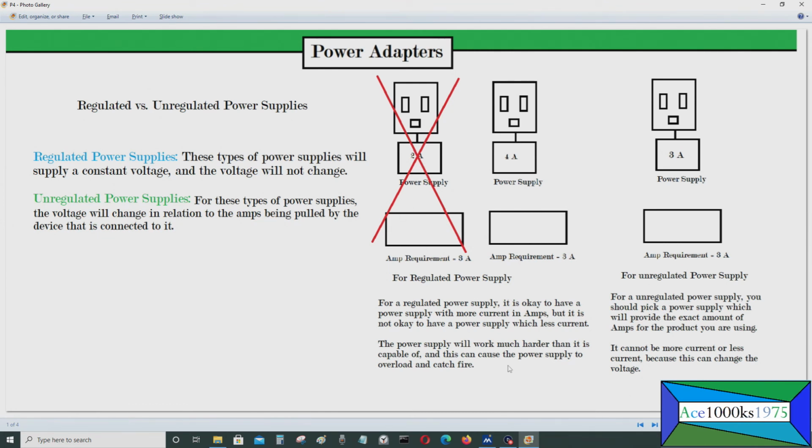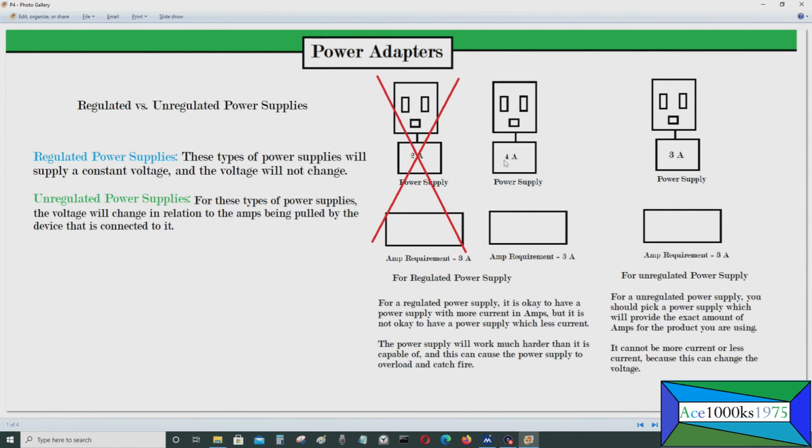So for a regulated power supply, it's okay to have more amperage. Let's say you had a 4 amp power supply, and the amperage required is not negative, this is equal. I'm sorry about that. It just looks like negative, but it's equal. So if 3 amps was required and 4 amps was being supplied by the power supply, this is okay, no problem.